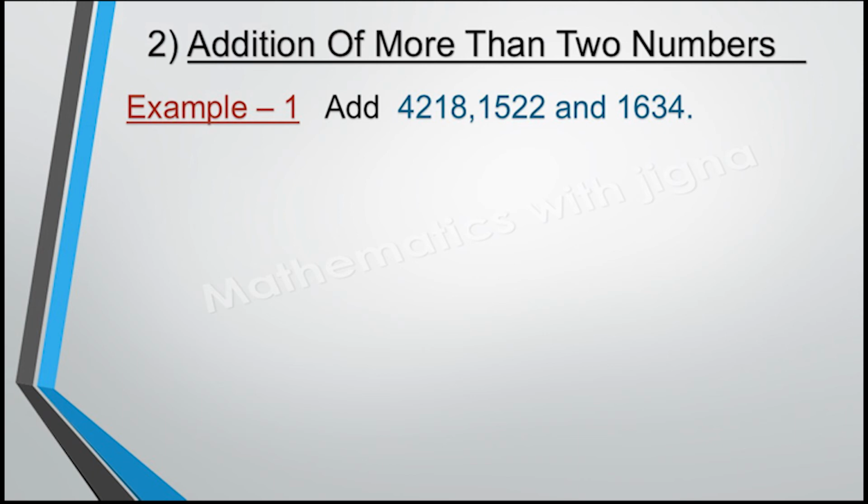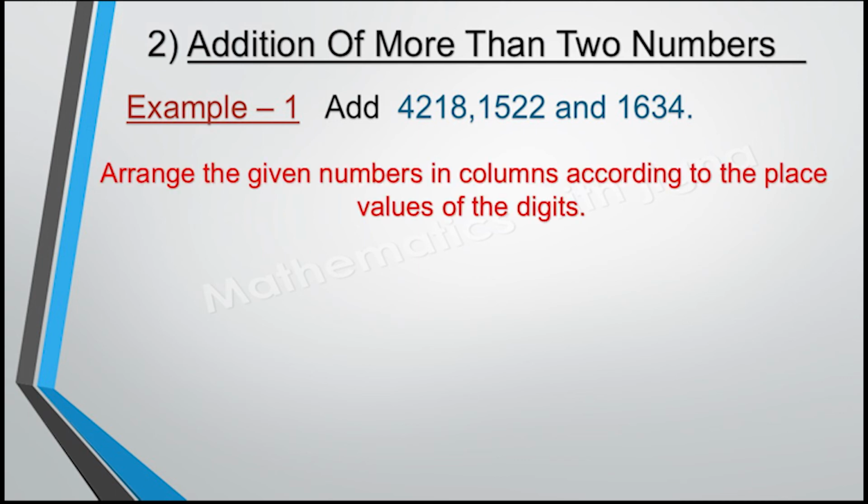4,218, 1,522 and 1,634. Here we have more than two numbers to add. So arrange all the given numbers in columns according to the place value of the digits.